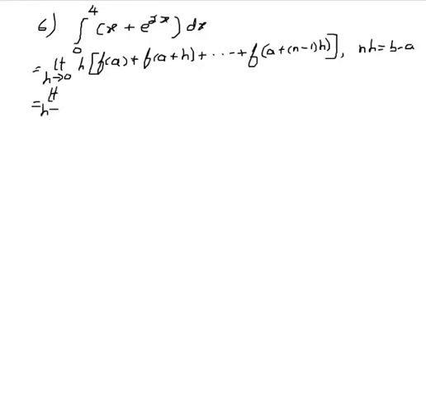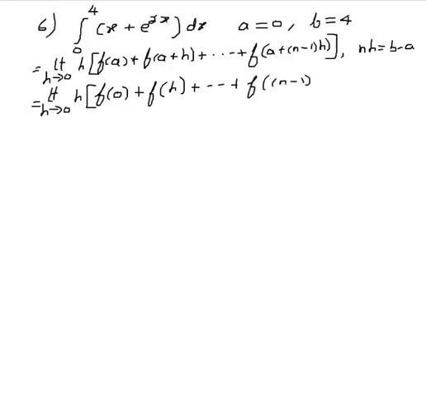Therefore, we get limit h tending to 0 of h into f of a is 0. b is the upper limit, which is 4. We get f of 0 plus f of 0 plus h is h, etc. f of 0 plus n minus 1 times h.